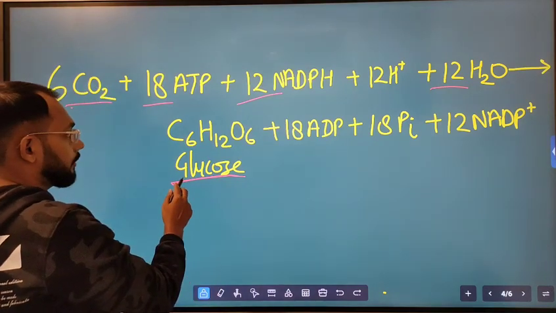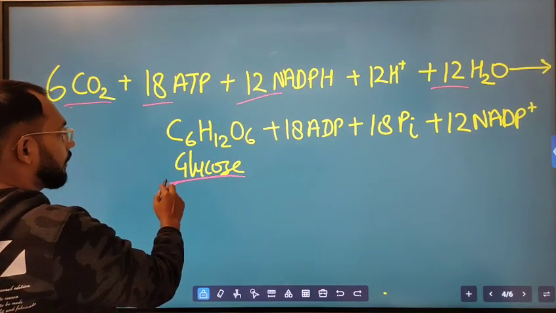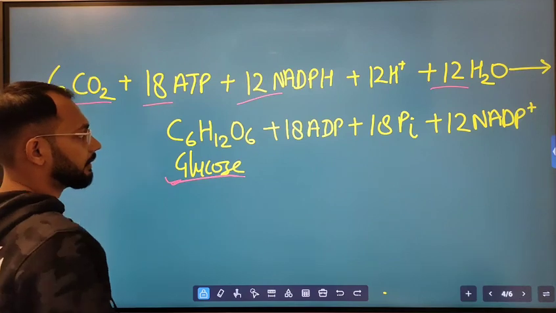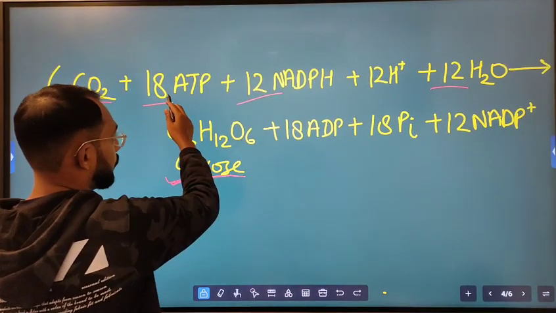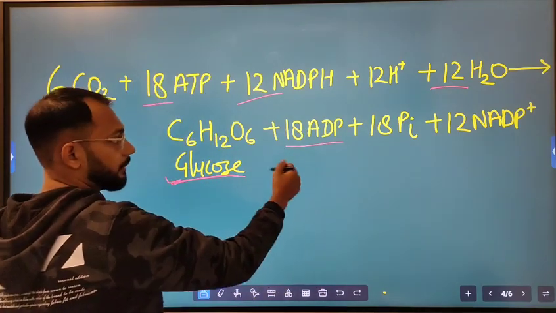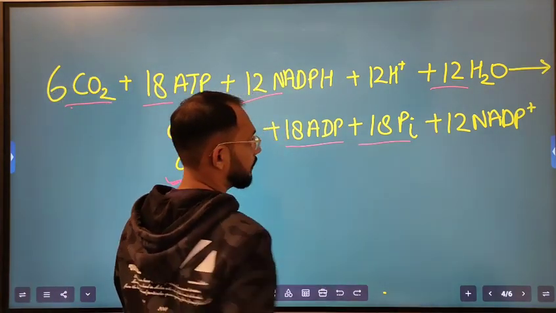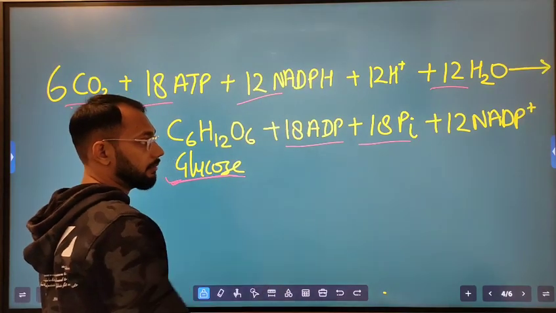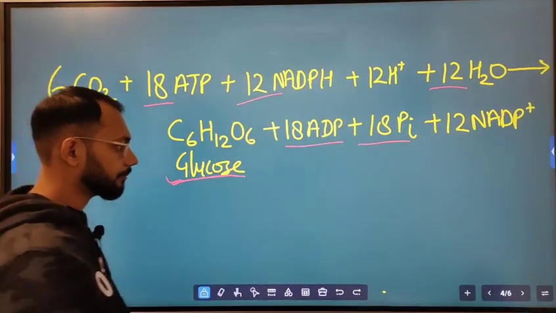So the C6H12O6 glucose is made, and side by side when ATP is used, 18 ADP, 18 inorganic phosphate and 12 NADP will be released.